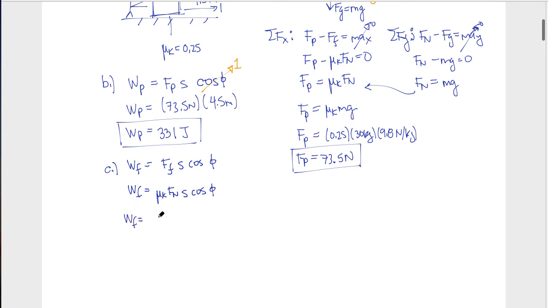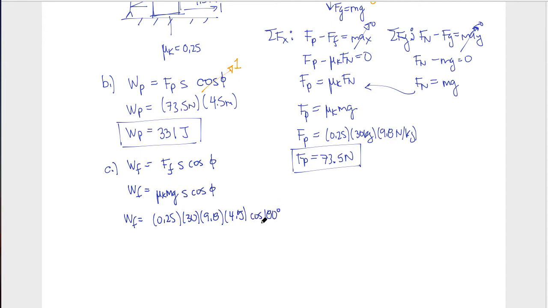So when we substitute all of these values, we have 0.25, and we'll just say the normal force is mg. So Fn, my normal force, becomes mass times acceleration due to gravity. And 30 kilograms times 9.8 newtons per kilogram times our displacement of 4.5 meters times the cosine of phi, which in this case is 180 degrees.